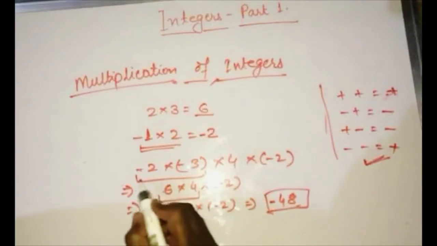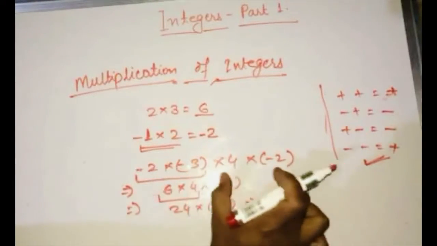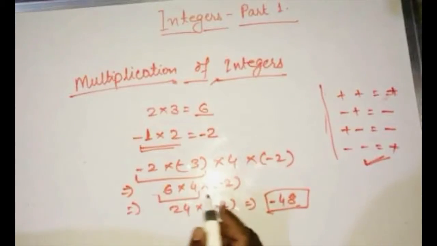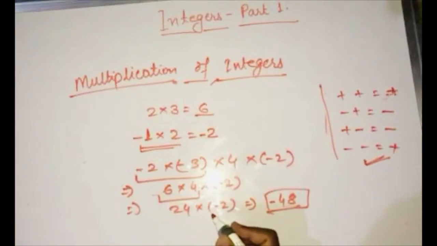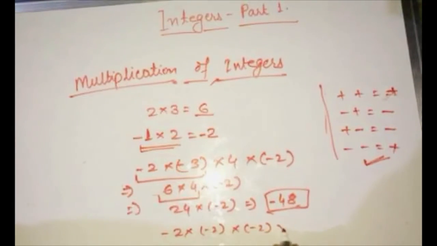To do it simply, just select two numbers one by one. No need to get confused when you have n numbers of integers for the multiplication. But there is one simple way when the same number is repeated. Suppose it's given minus 2 into minus 2 into minus 2 into minus 2. Then you need not get confused about which sign to put in the result.